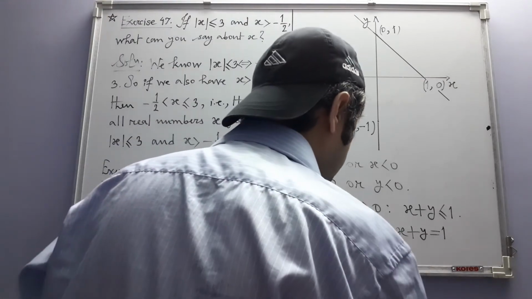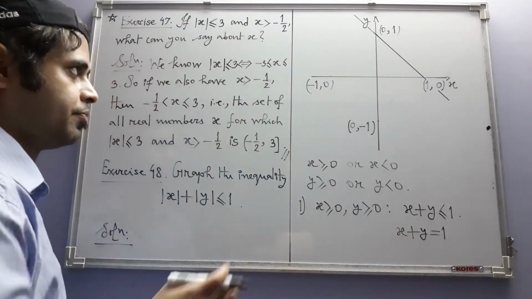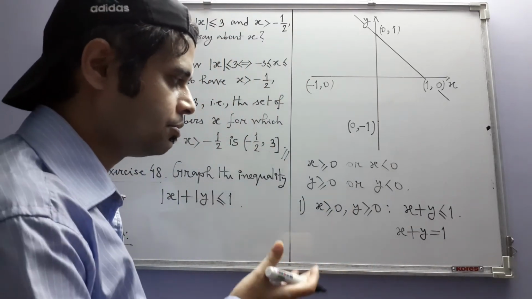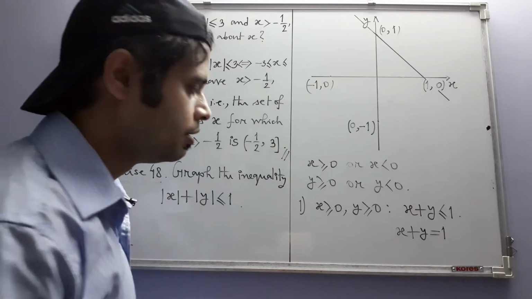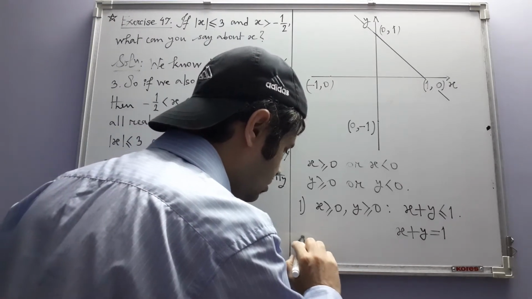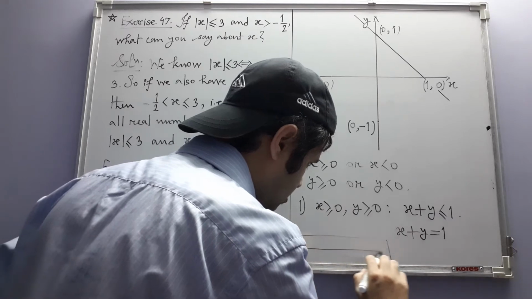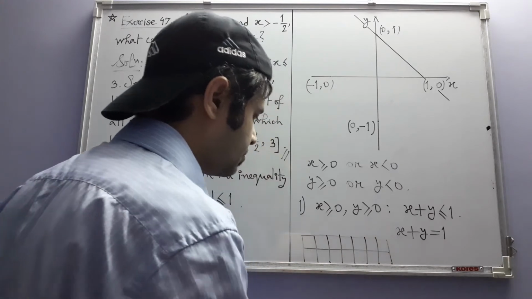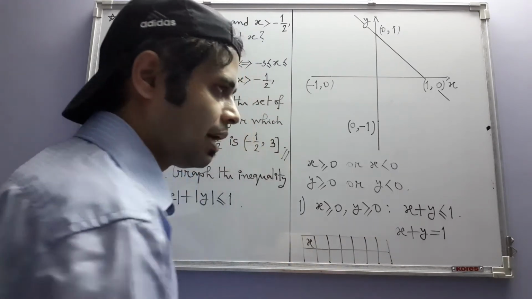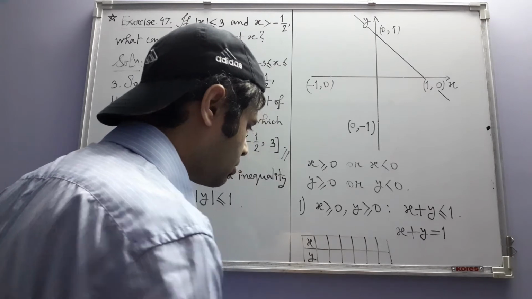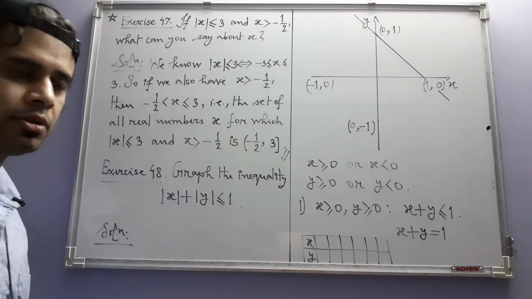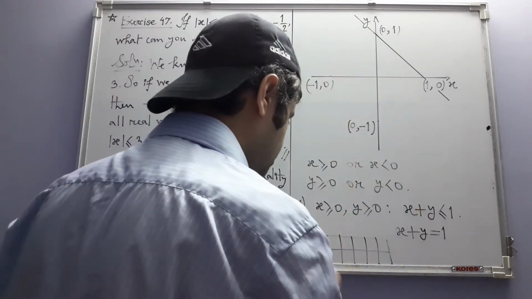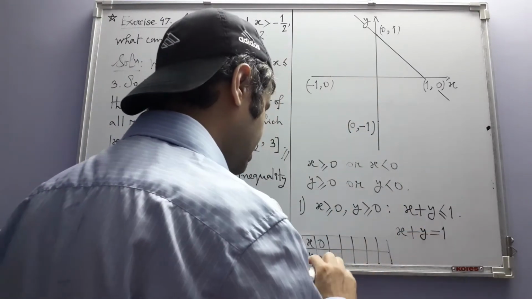Now what happens when you draw this line by plotting points? What you have already learned in school. How do you do that? You make a small table, you put some values of x and corresponding values of y are calculated. For example, you can put say x equal to 0. If x is 0, then y is equal to 1.